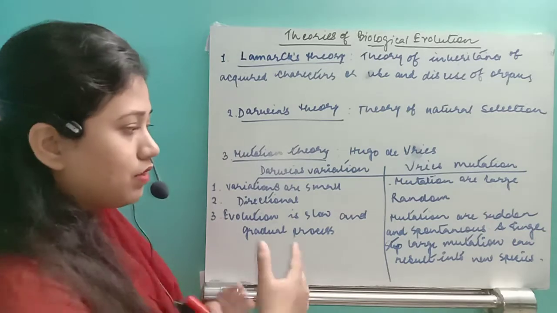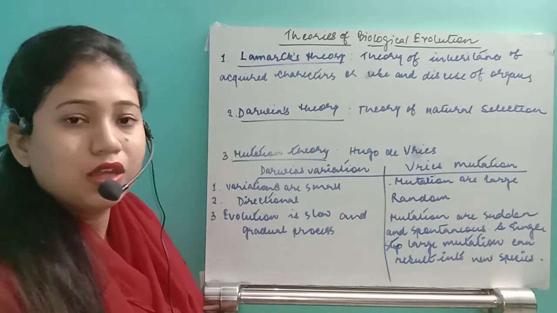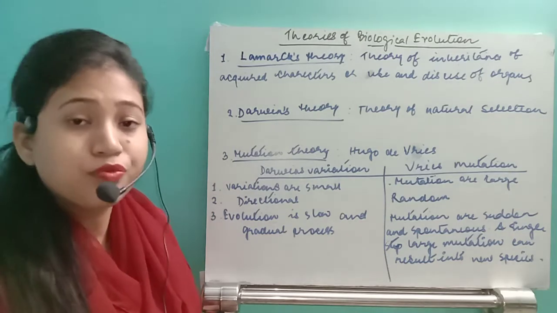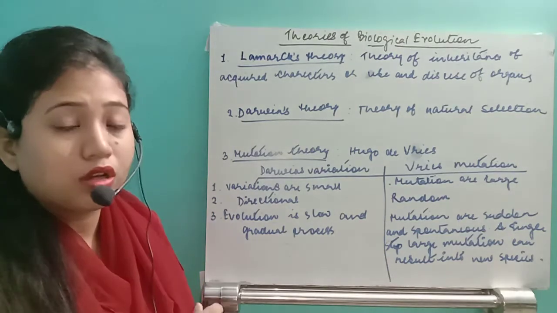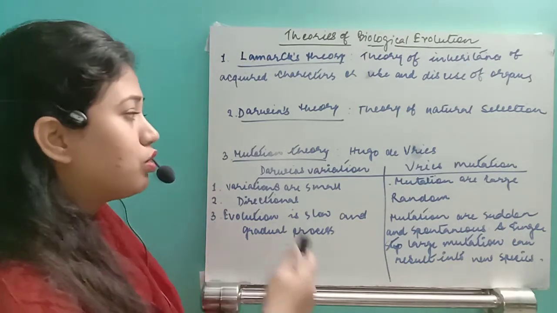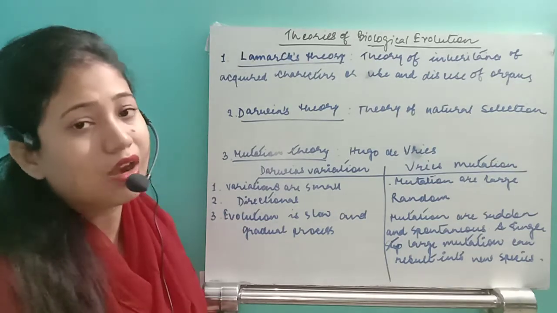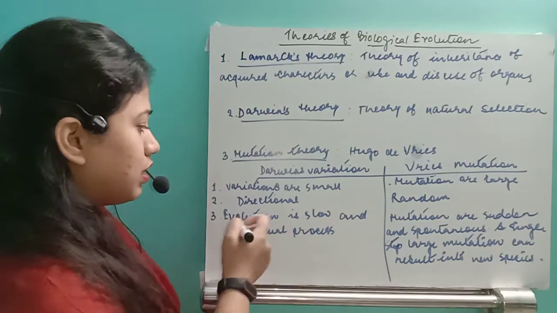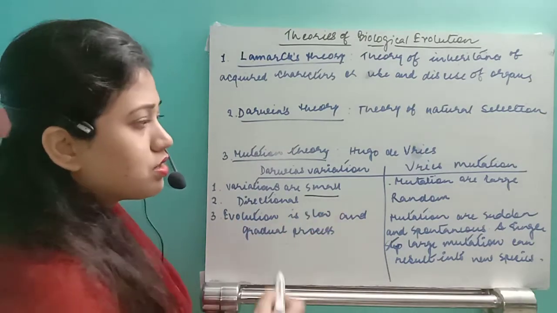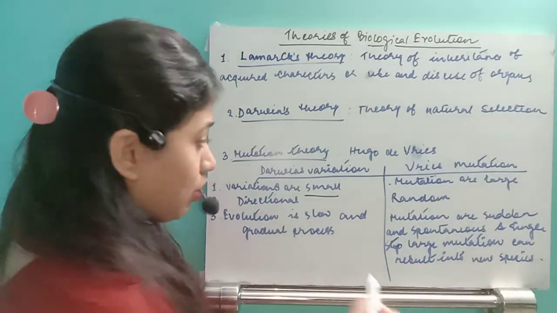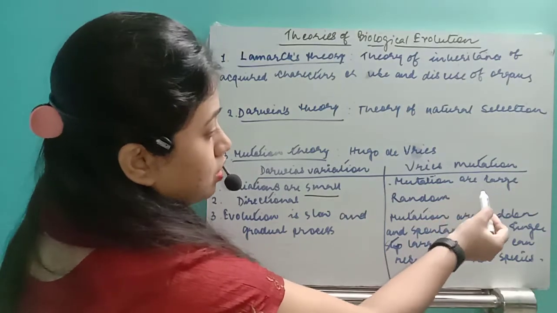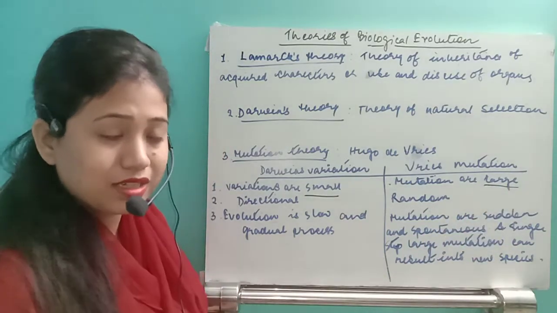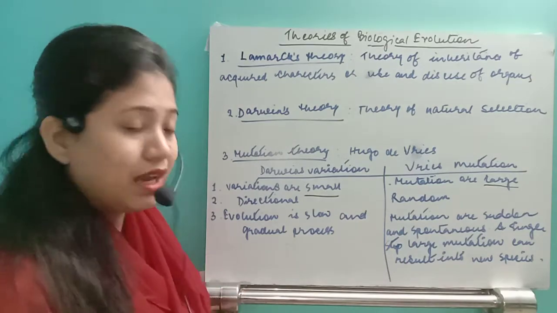So that's why I have given the comparative study of Hugo de Vries' mutation and Darwin's variation. What are those two concepts? Just see, Darwin said that the variations are small, while according to Hugo de Vries, mutation is large.